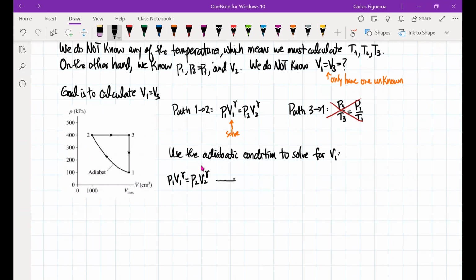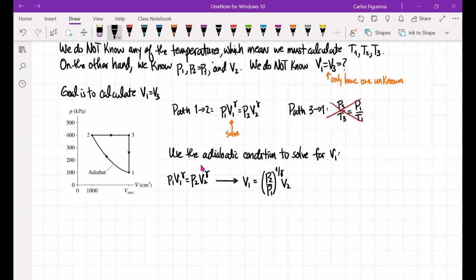Now I have to isolate V1. If I move P1 over to the other side, I'm going to have P2 over P1, and then I have to take the inverse of gamma, and for V2 I just get V2.